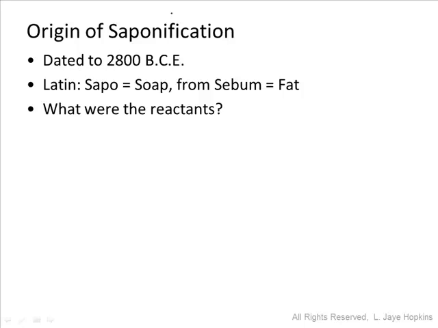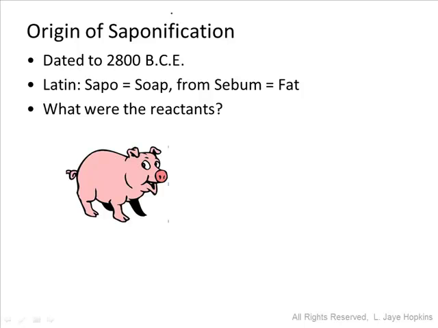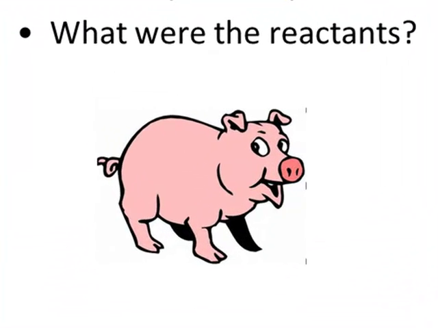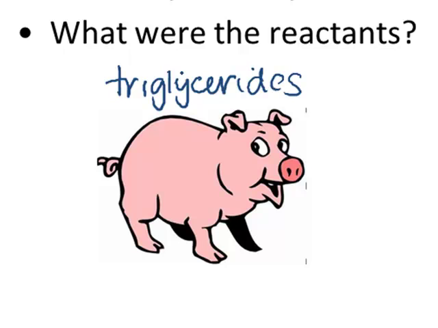The first thing that you need to do a saponification reaction is the ester itself. Well, of course, people 5,000 years ago couldn't buy an ester from any organic supply company, but what they did have access to was fat. In fat, we find molecules called triglycerides, and triglycerides are actually molecules that contain 3 separate ester functional groups.